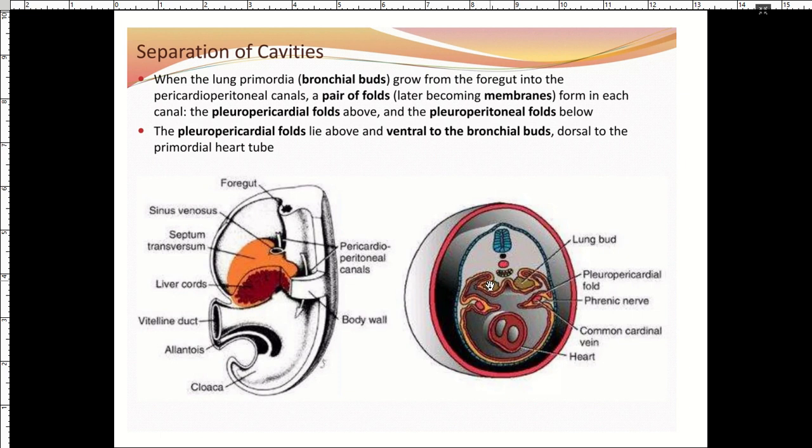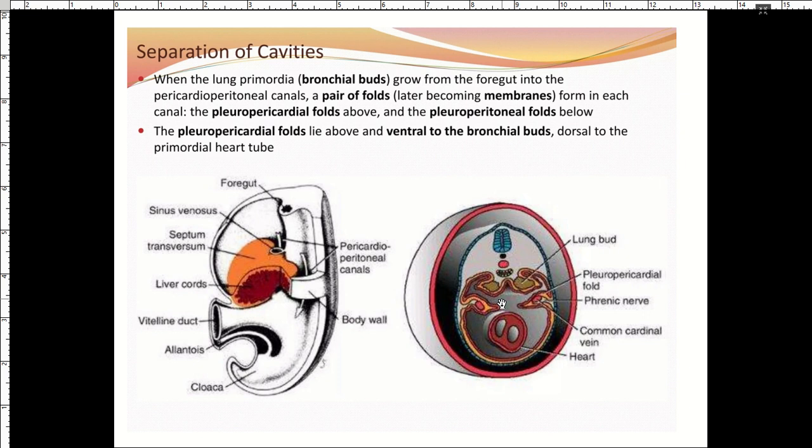As they are growing, they are going to push the pleuropericardial folds to the midline. We want to separate this space from this place. As the lungs grow laterally, they push these pleuropericardial folds medially, and when they fuse, they form what's called the pleuropericardial membrane.